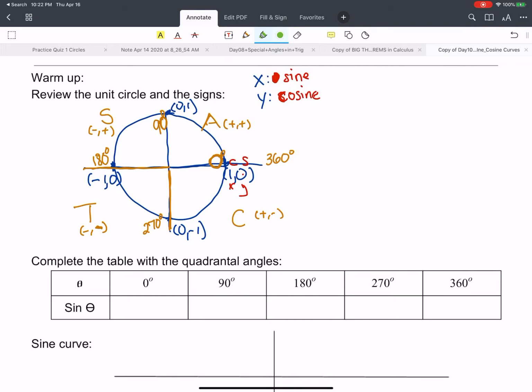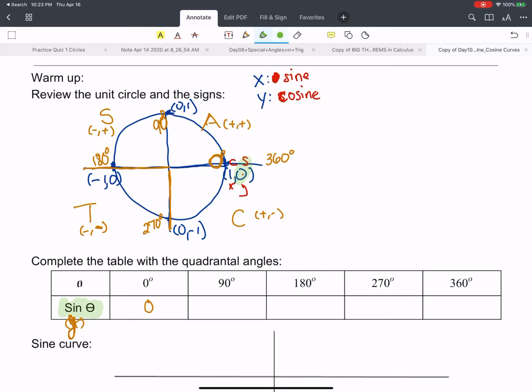At 0 degrees, I'm focusing on sine here, so that is my x value, remember? And my y value, that's my y value. So at 0, it is 0.